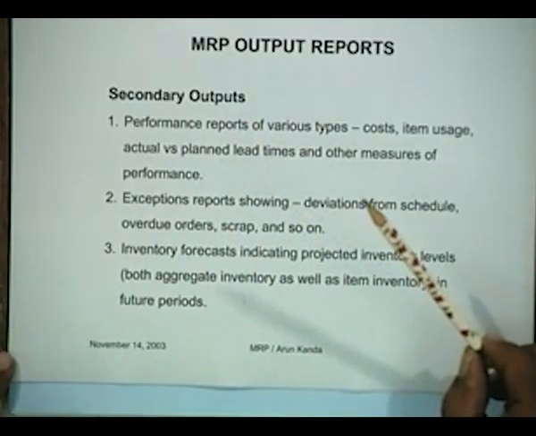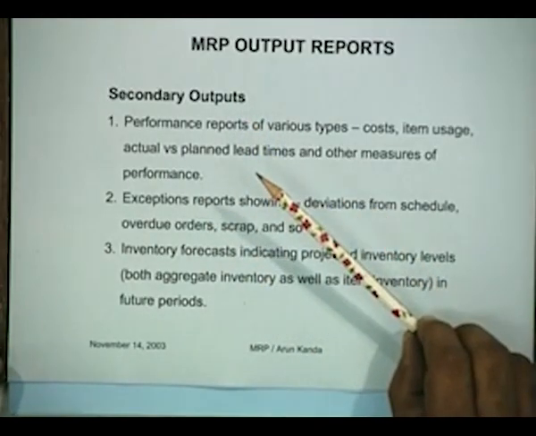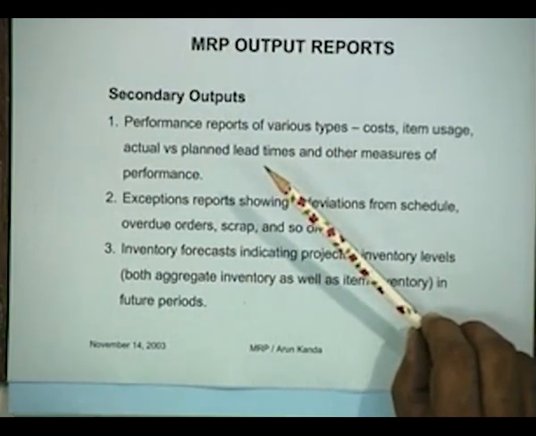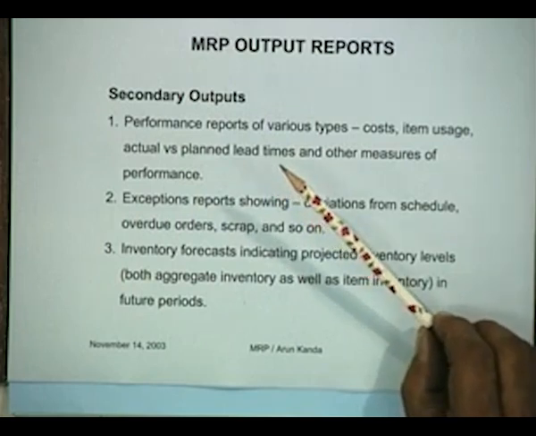Primary reports meaning that they are generally the kind of reports which are generated by any MRP system. And then of course you can generate any number of secondary outputs. Secondary outputs are generally those outputs which you generate on the basis of specific requirements. So these are custom made to the requirement, right?